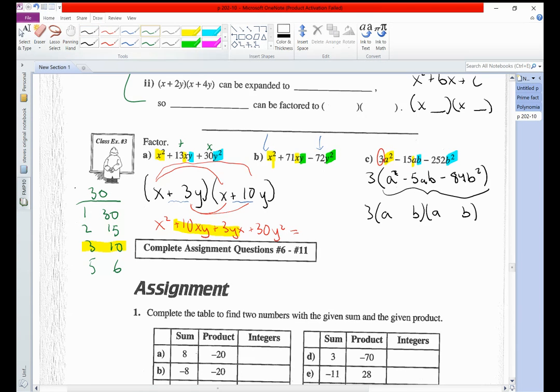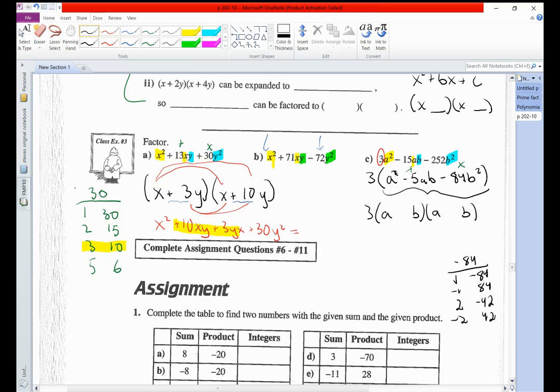So we're looking for two numbers that multiply to negative 84 and add to negative 5. So go through it. Let's do our negative 84: 1 times negative 84, negative 1 times 84, and then we're going to have 2 multiplied by negative 42, negative 2 multiplied by 42.